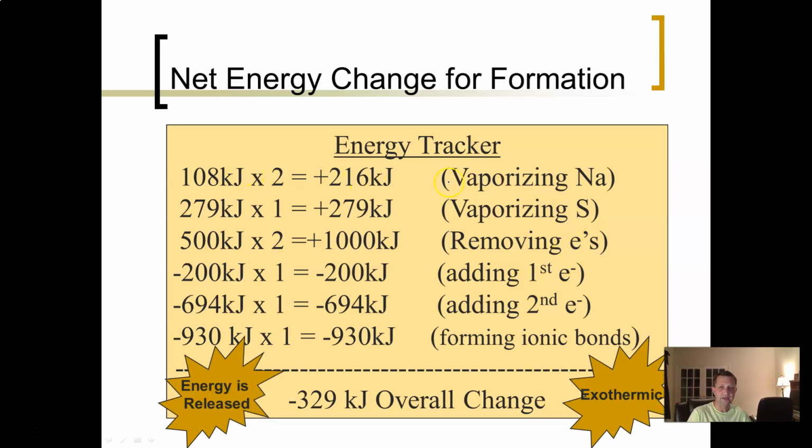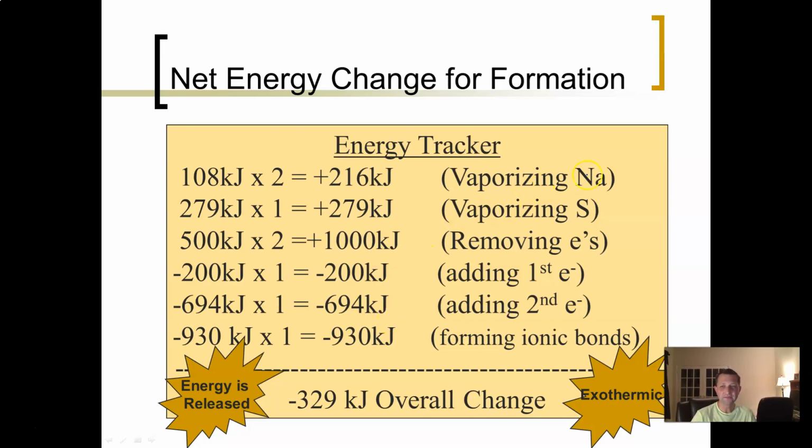Okay, so we had to turn everything into a gas first. That was step 1. Step 2, we didn't have to do, where you break all your bonds. They were already broken. Step 3, you remove electrons. Step 4, you add electrons. Step 5, you put everything together to form your bonds. This is called the lattice energy here. It's always negative. Something's going to happen in some of your practice problems.